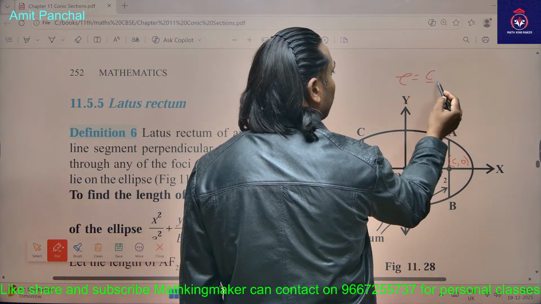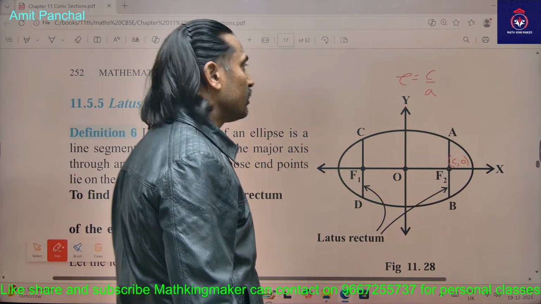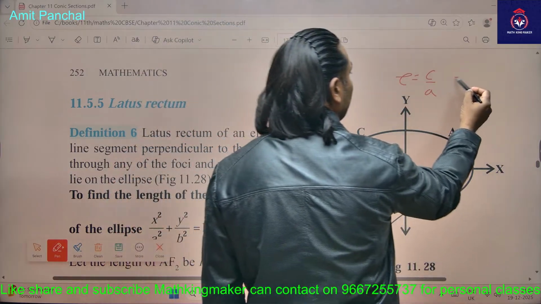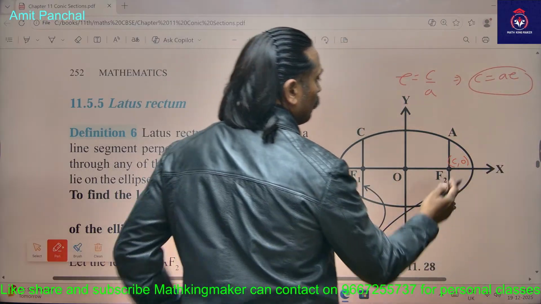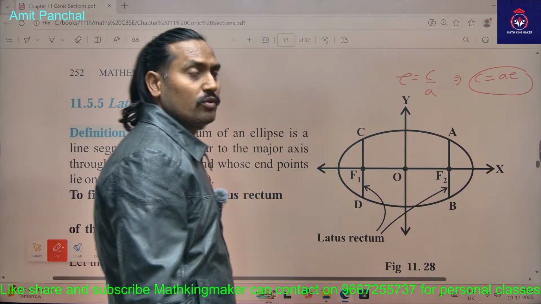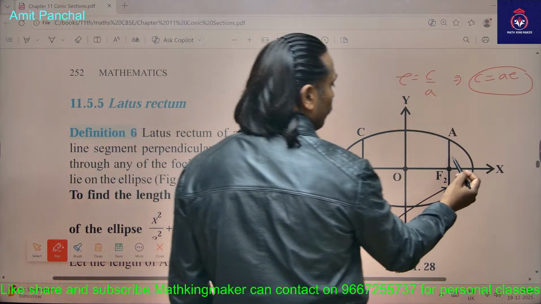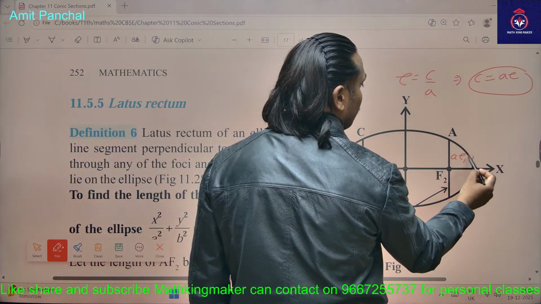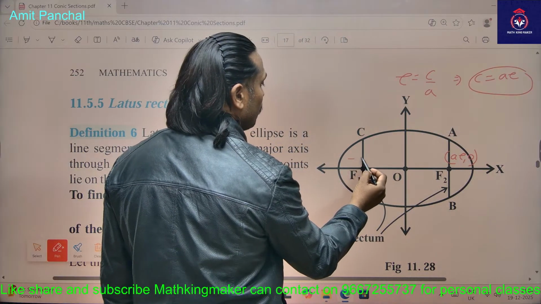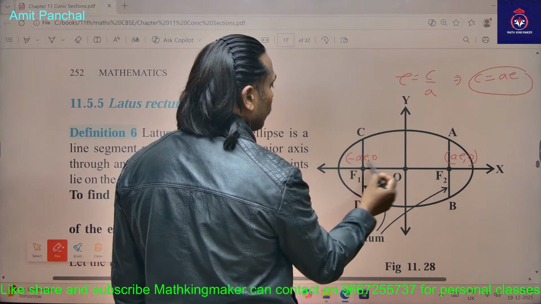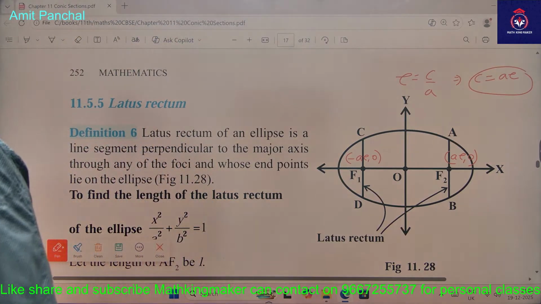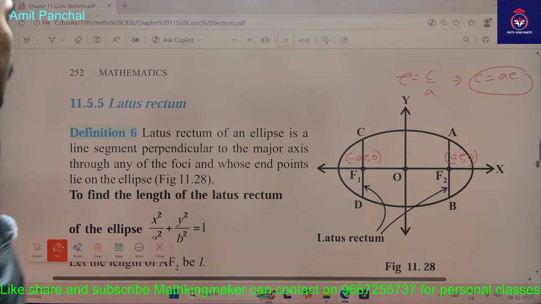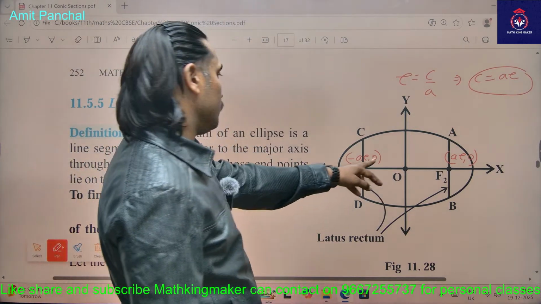E is C by A, so C will be AE. As eccentricity will be given, we will not write C; the foci will be AE, 0 and minus AE, 0. So the foci of the ellipse will be AE, 0 and minus AE, 0. Just write it down.